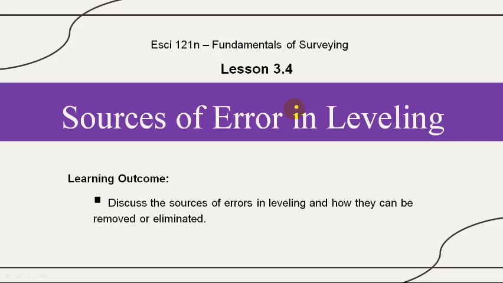So this will be the last topic for module 3, the sources of error in leveling. For this lesson, you'll be expected to know and be able to discuss the sources of error in leveling and how they can be removed or eliminated.